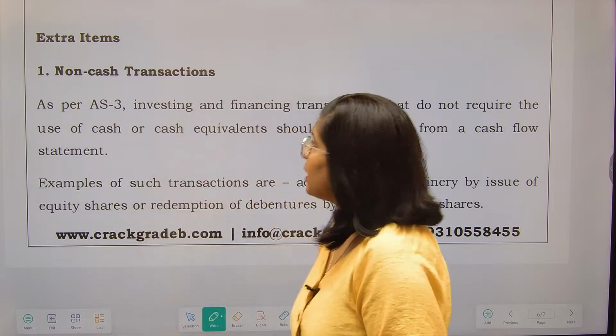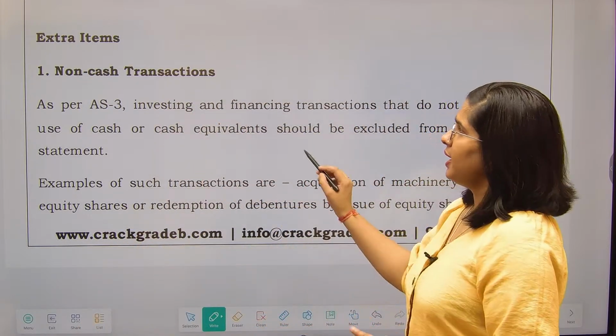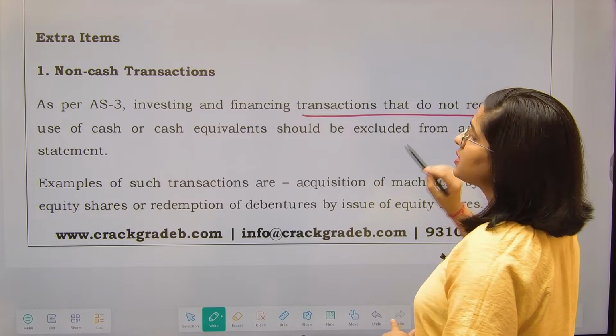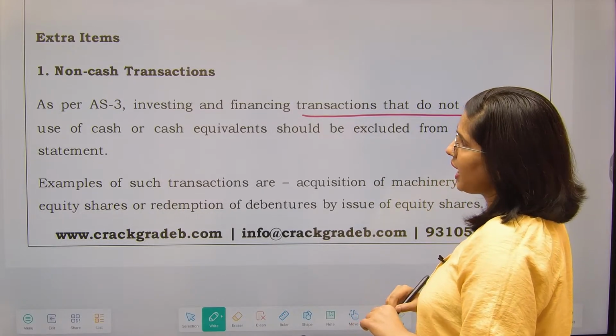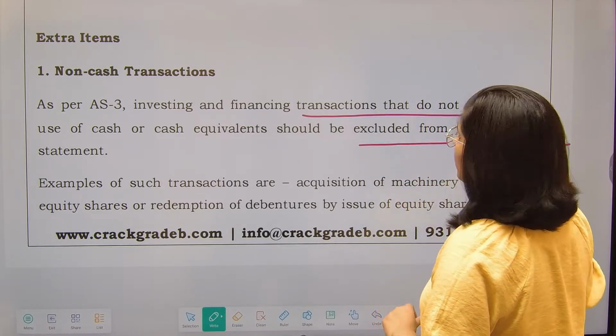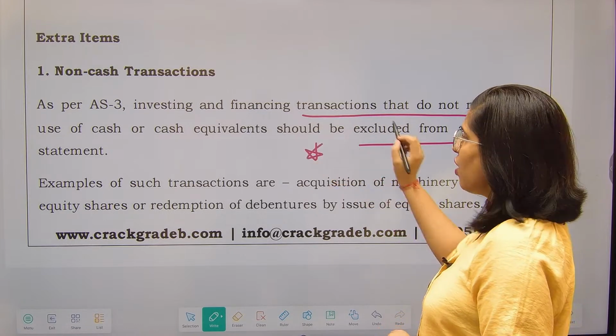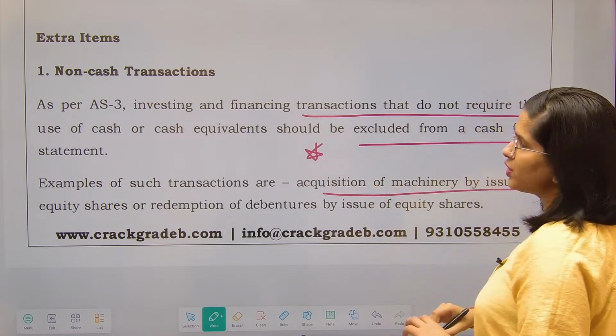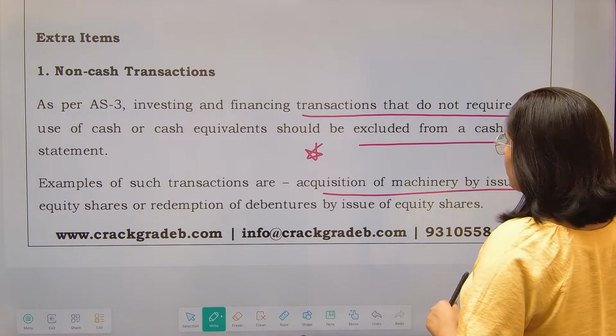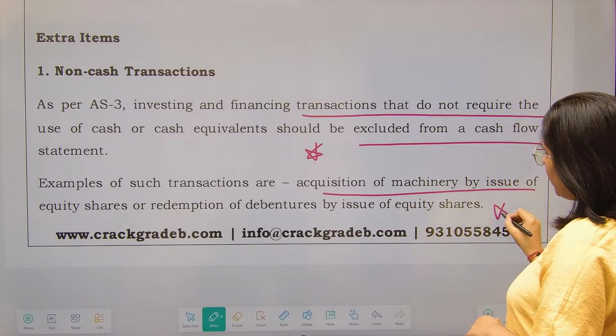See, as per Accounting Standard 3, investing and financing transactions that do not require use of cash and cash equivalents should be excluded from the cash flow statement. For example, acquisition of machinery by issue of equity shares, or redemption of debentures by issue of equity shares.